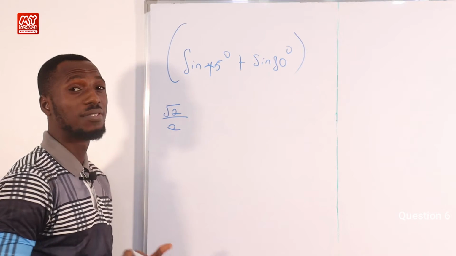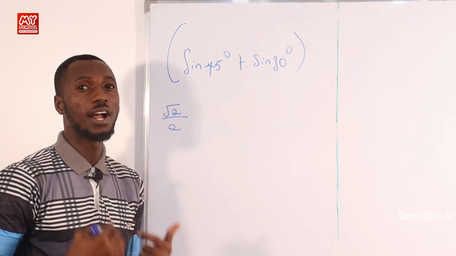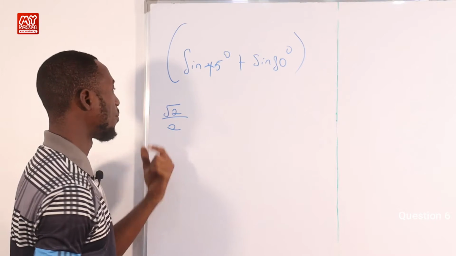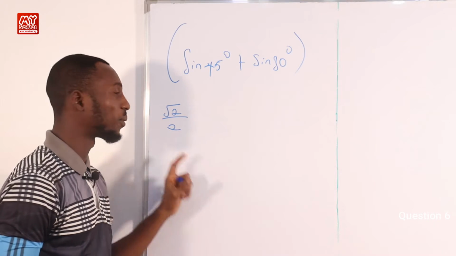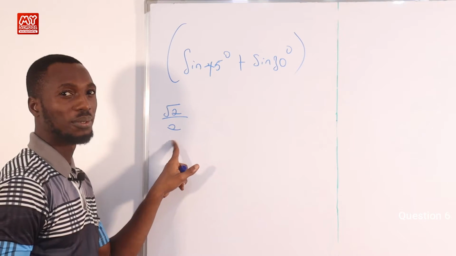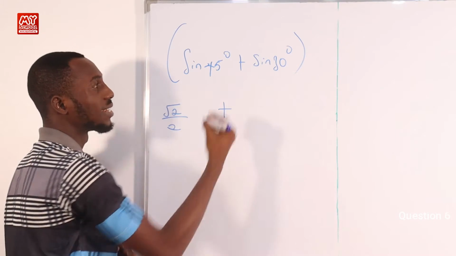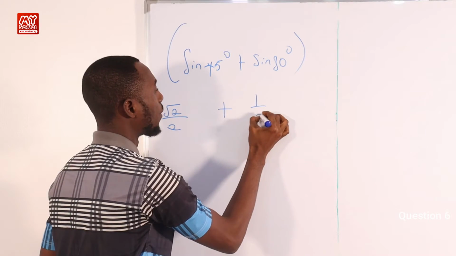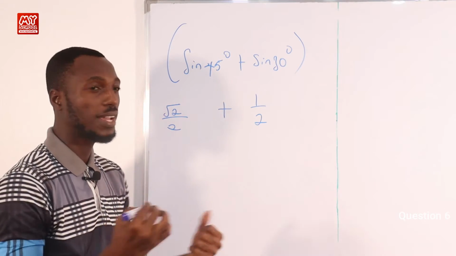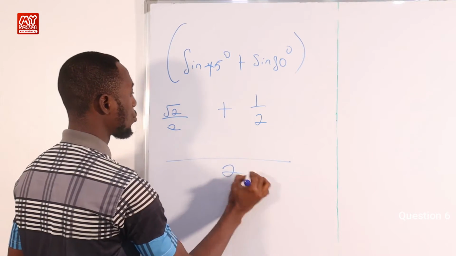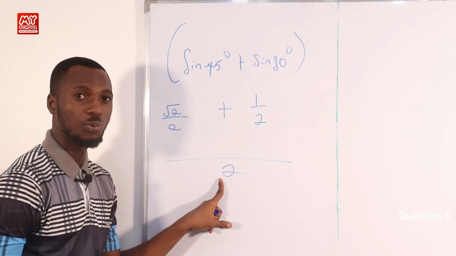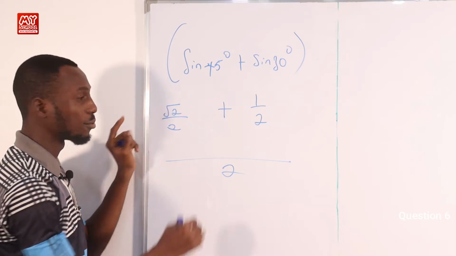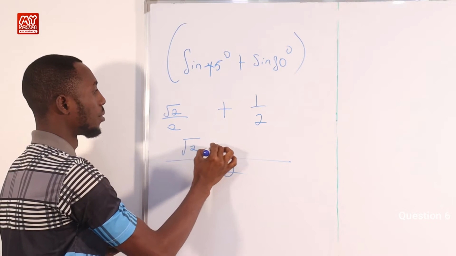You can also have the value as 1 over root 2, but here we are sticking to the value in short form as root 2 over 2, plus sine 30 is 0.5, and that means 1 over 2. So let's find the LCM, which is 2. 2 in 2, that is 1. 1 times root 2 gives you root 2.